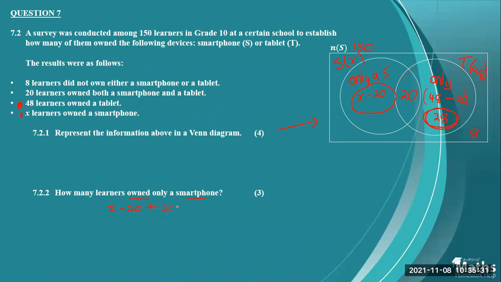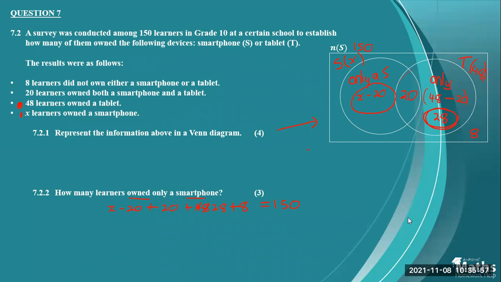So literally you add everything inside the two circles plus whatever's outside the two circles. Plus 28, because that's what's inside there, plus 8, and all of that will add up to 48.